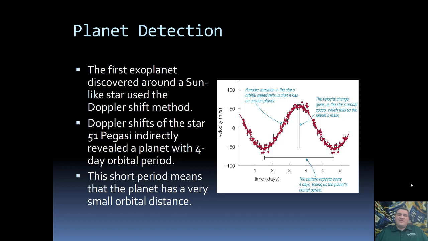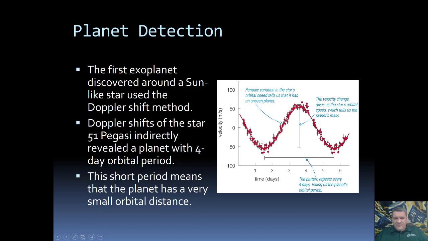The very first extrasolar planet ever discovered around a sun-like, by that we mean main sequence star, was actually discovered using the Doppler shift method. This is the velocity curve for that star. Up and down we have its velocity. Negative velocity is going towards us, positive velocity is going away from us, and then we're looking at time.